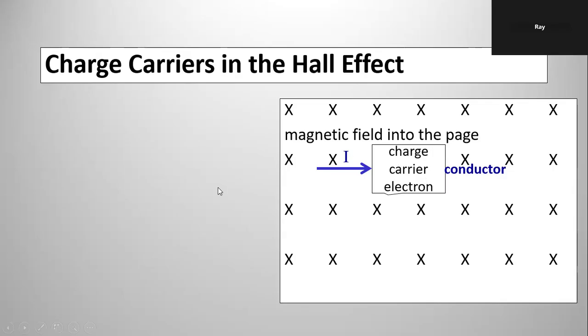In this case, the current is in a conductor. So which side is going to be negative? Using your Fleming's left-hand rule, the field is going in, the current moves from left to right. Where's the direction of the force?